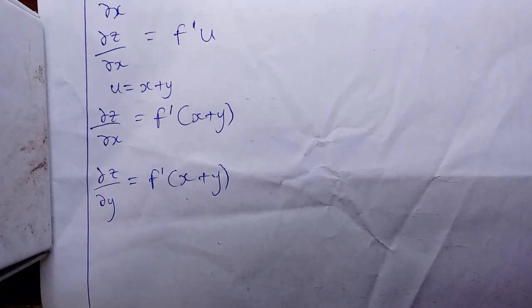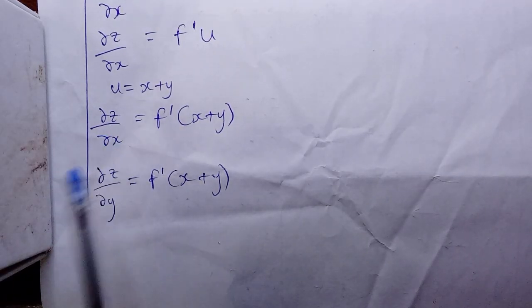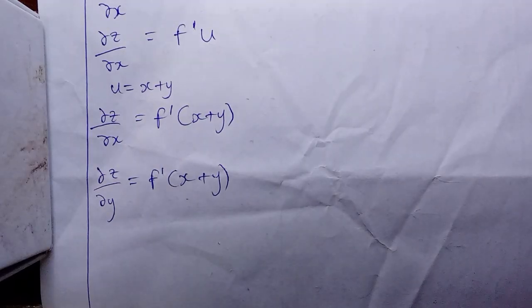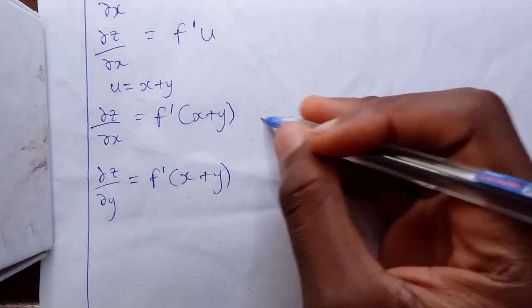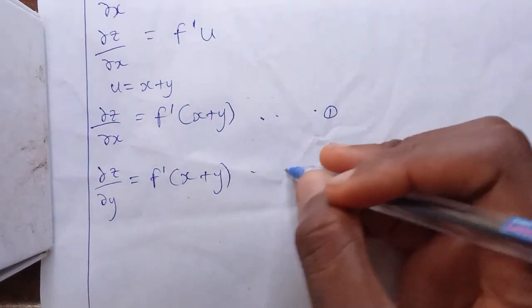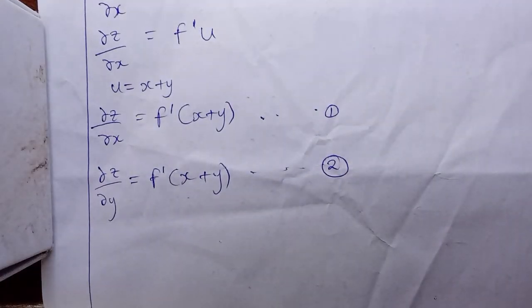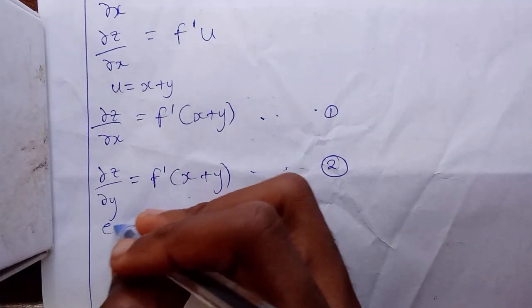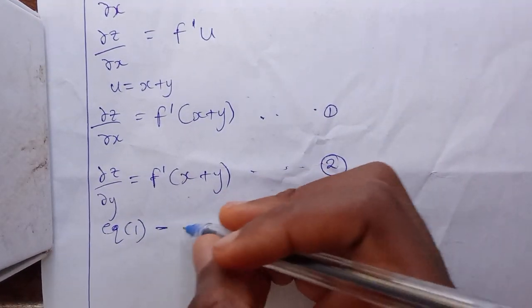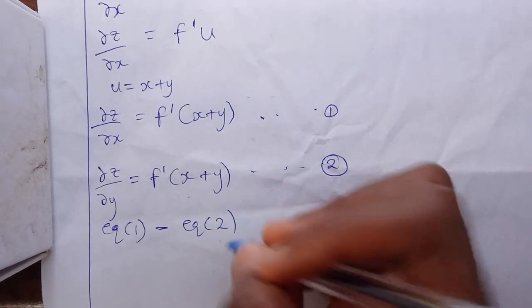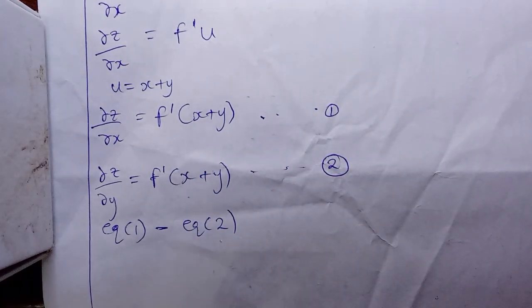So if we take partial of z with respect to x minus partial of z with respect to y, we can eliminate our arbitrary function f. Let's call this equation 1 and this equation 2. So equation 1 minus equation 2. Because these two are equal, if we subtract them, we can eliminate our arbitrary function f.